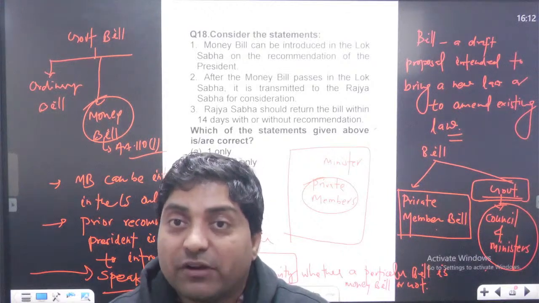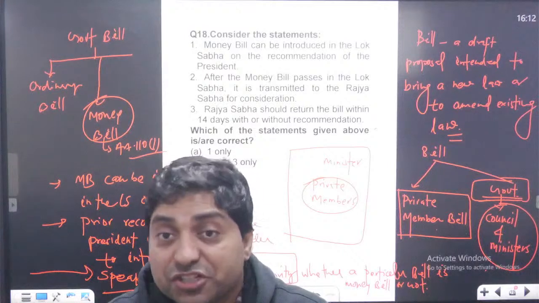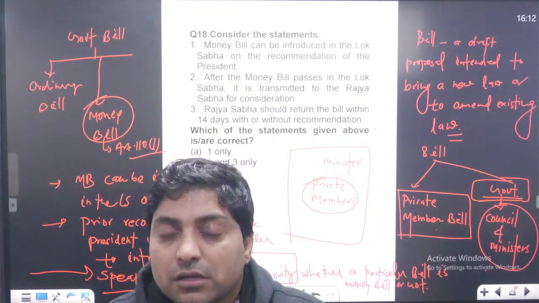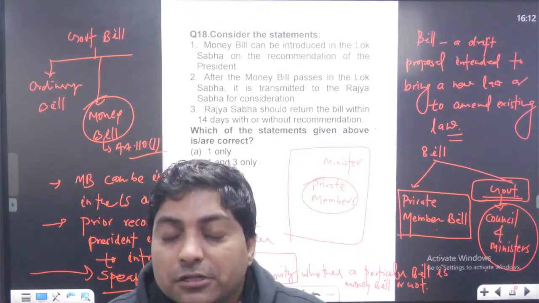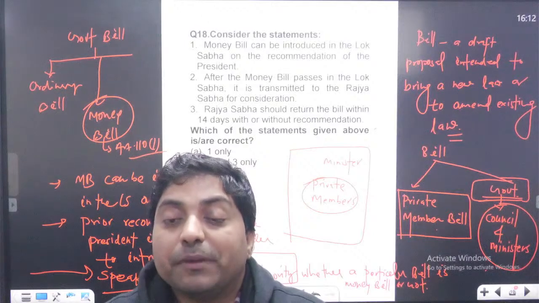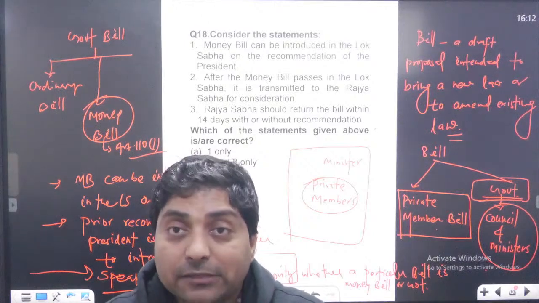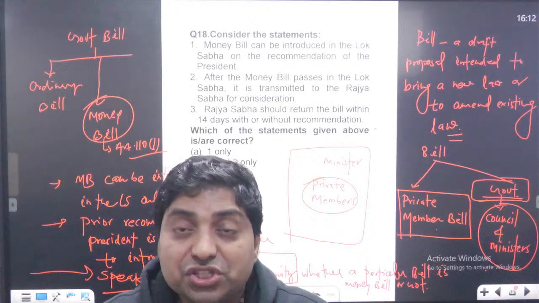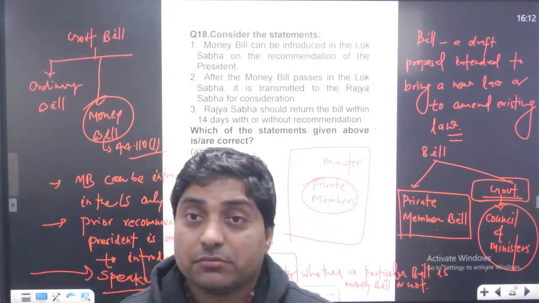What is that vital judgment? The vital judgment was that the Speaker is the final authority to decide whether a particular bill is a money bill or not, but his decision is not final. His decision can be reviewed by the court.